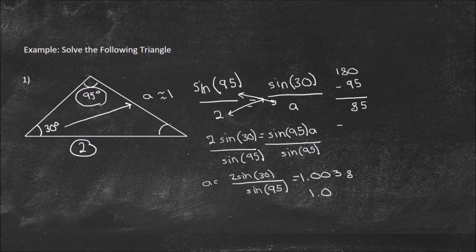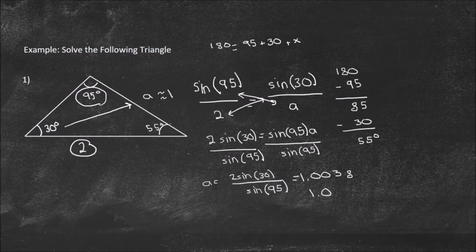And I can again subtract 30 more to give me 55. So what I did is I did 180 equals 95 plus 30 plus x, and then I just solved for x, and I got 55 degrees.